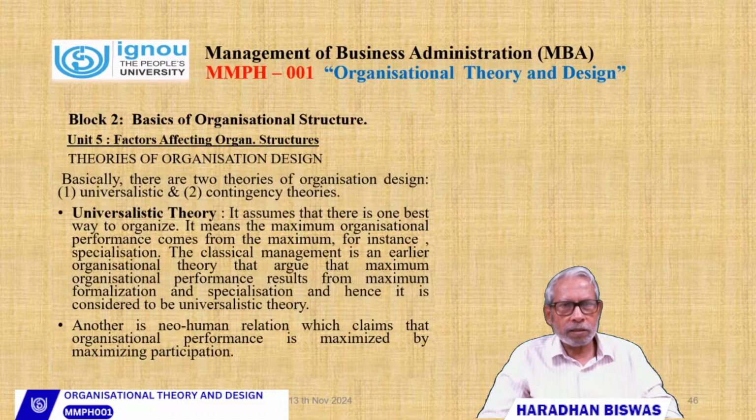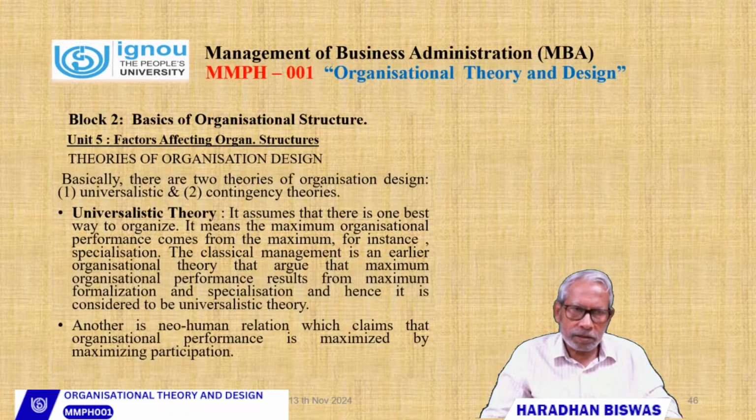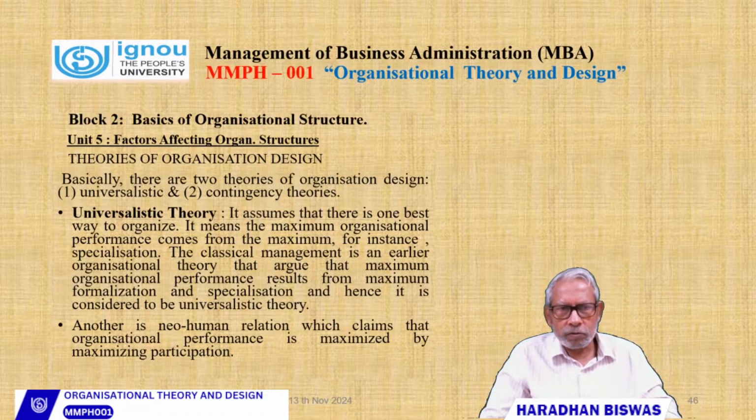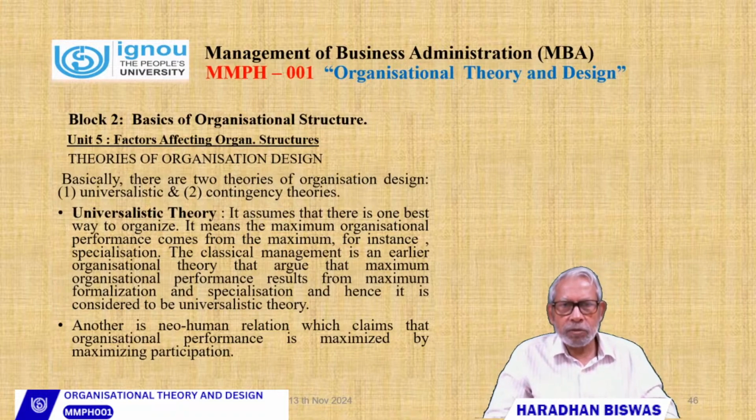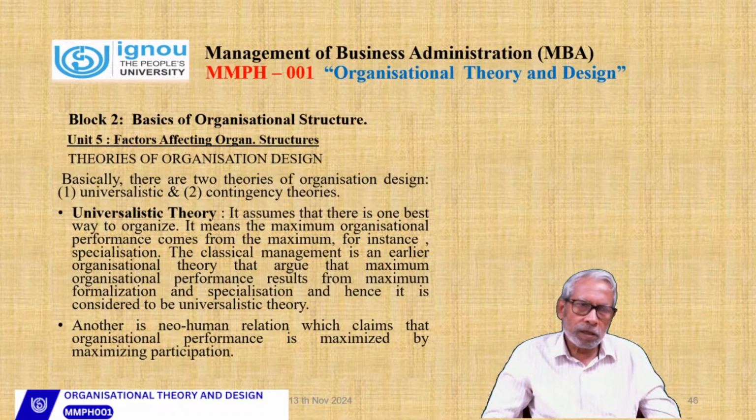Now, basically there are two theories of organizational design. One is the universalistic theory, and the other is the contingency theory. The universalistic theory assumes that there is one best way of organizing. It means the maximum organizational performance comes from maximum, for instance, specialization.